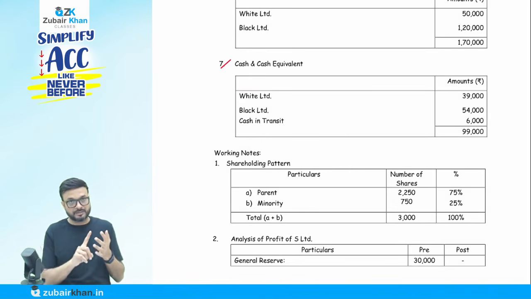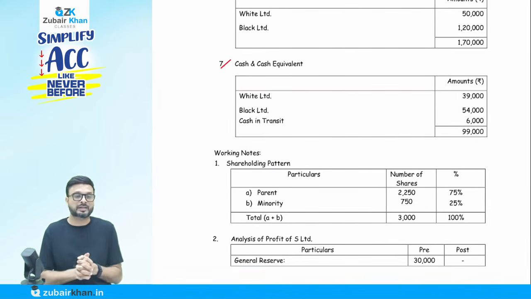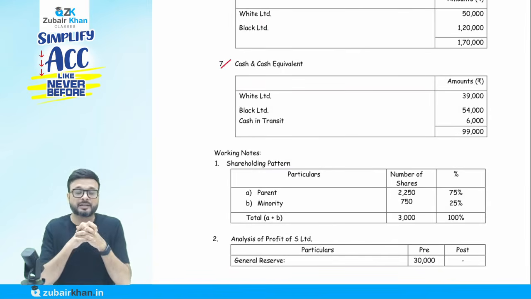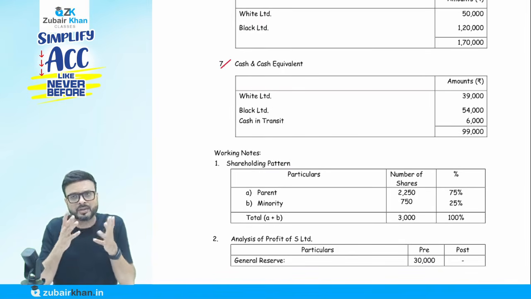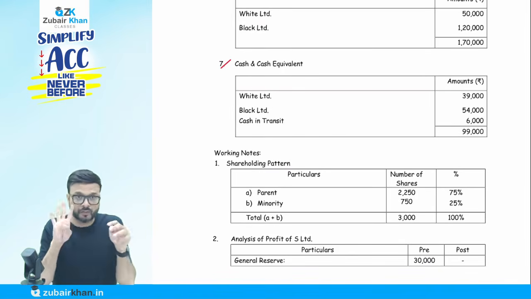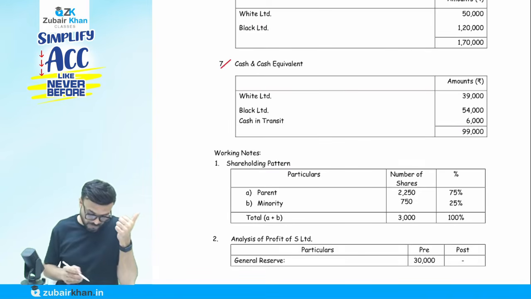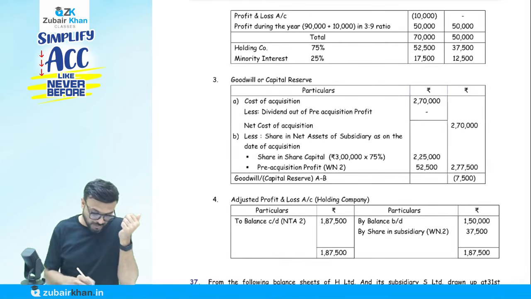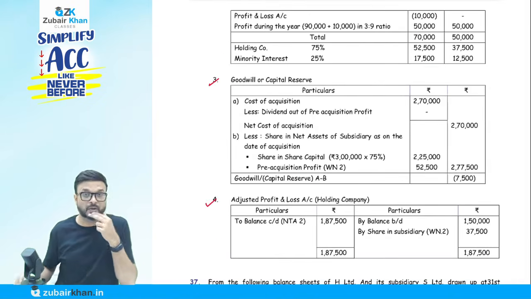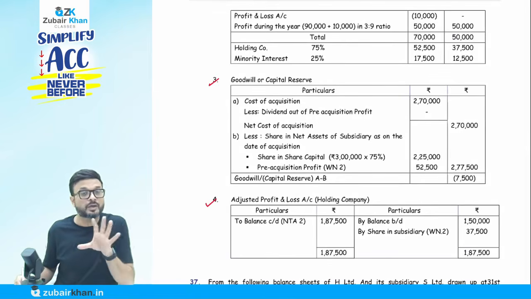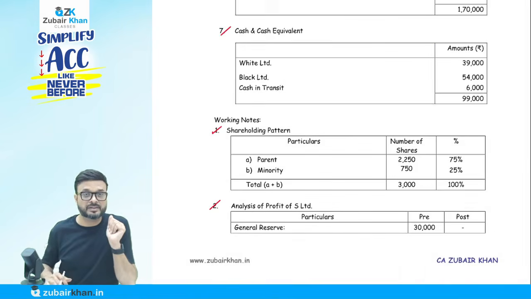Capital, reserve and surplus, minority, and the adjustment of cash in transit that will come in cash and cash equivalents. How many working notes? 4. What are those 4 working notes? Shareholding pattern, analysis of profit of subsidiary company, goodwill or capital reserve, and adjustment of profit and loss account. These are the working notes.